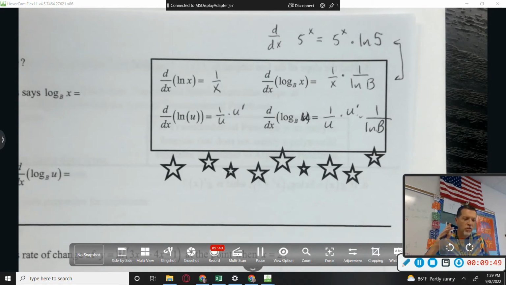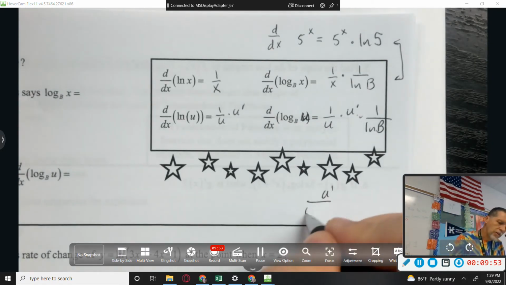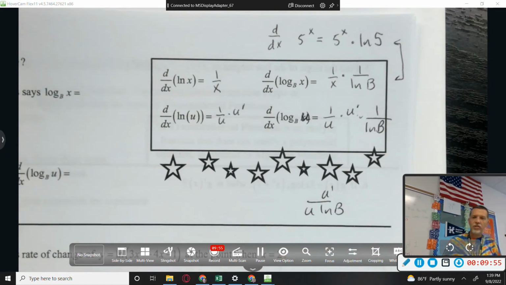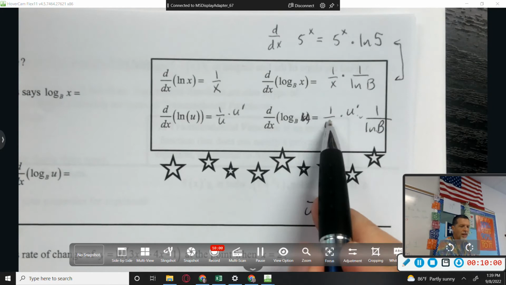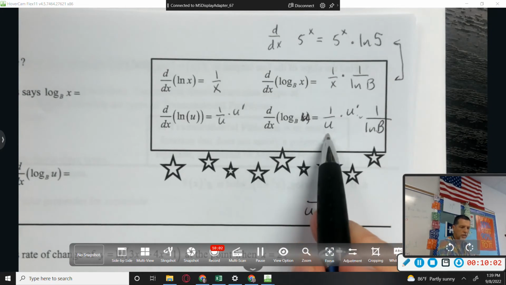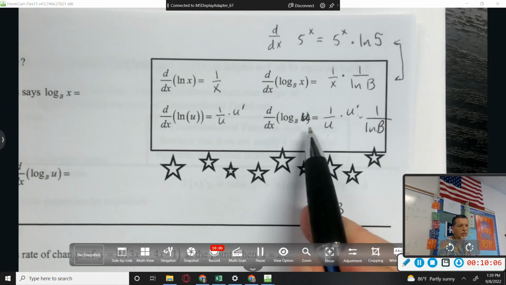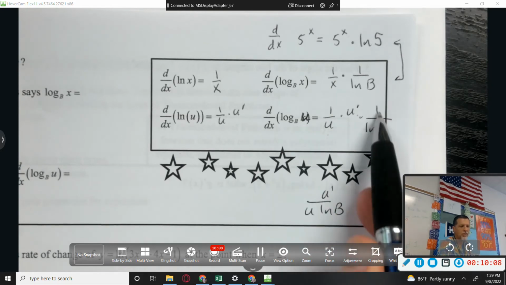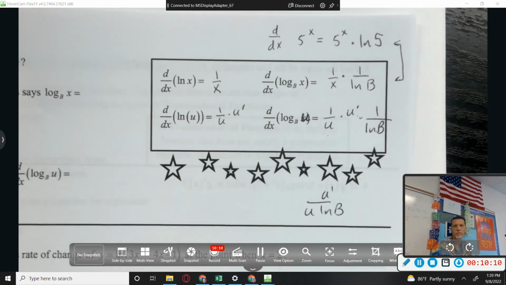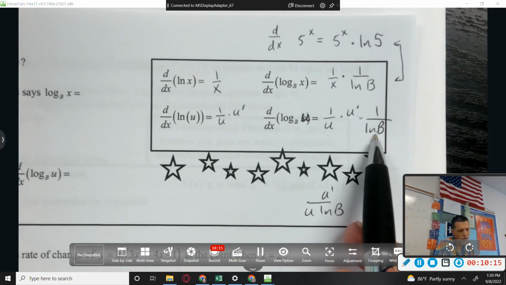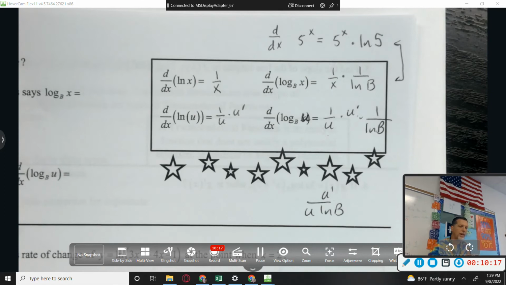So if you want to just straight memorize it, then you could write it, u prime over u natural log b, but to me, that jumbles up all the pieces. I like to see the pieces. Like the rule for log is 1 over the argument. Chain rule is derivative of the argument. And then, oh yeah, our base wasn't e, so we had to divide by natural log of whatever the base is. So even though that's not the most efficient way to write it, I'll usually write it that way.